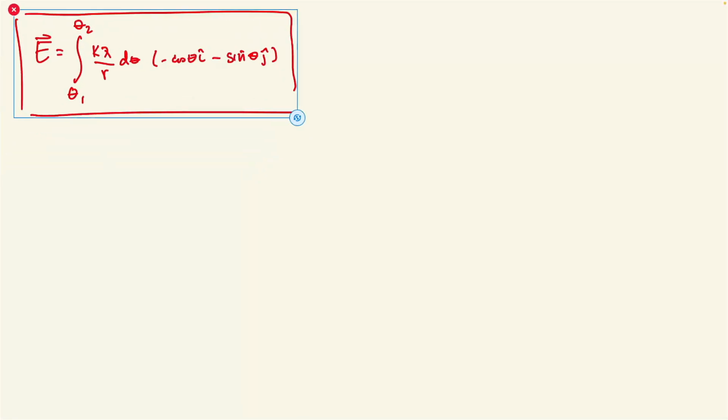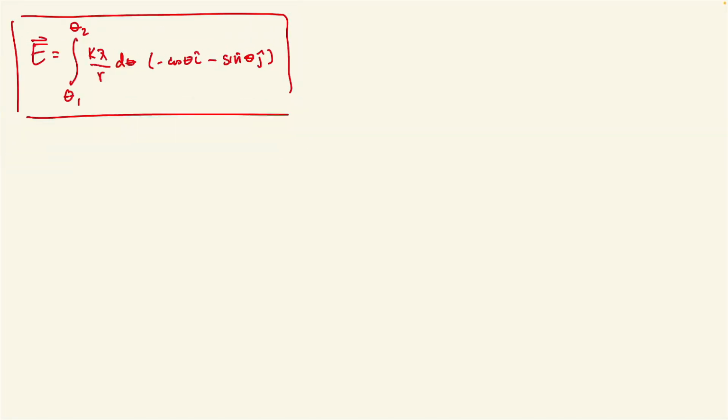There we go. All right. So there's the general solution for an arbitrary arc of charge, right? Let's do the example where we do a semicircle, like an arc of charge that goes like that. So where does this arc of charge start? 0 degrees. And where does it end?